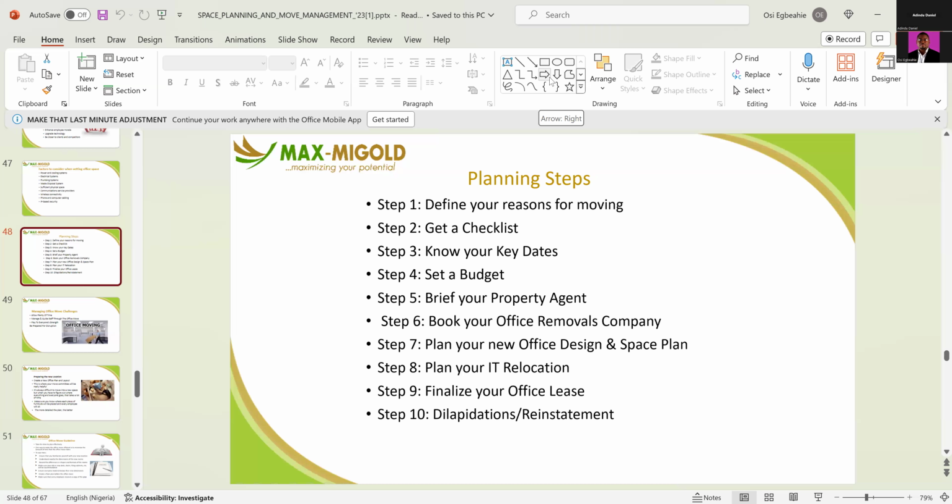This is always a clause in most lease agreements where you will reinstate the building that you are leaving to the state that you met it when you came in. One advice when you want to do that, don't ever do it yourself. If it's possible, negotiate with the landlord or the landlady or the property owners and just pay them for that. It's just neater and better.